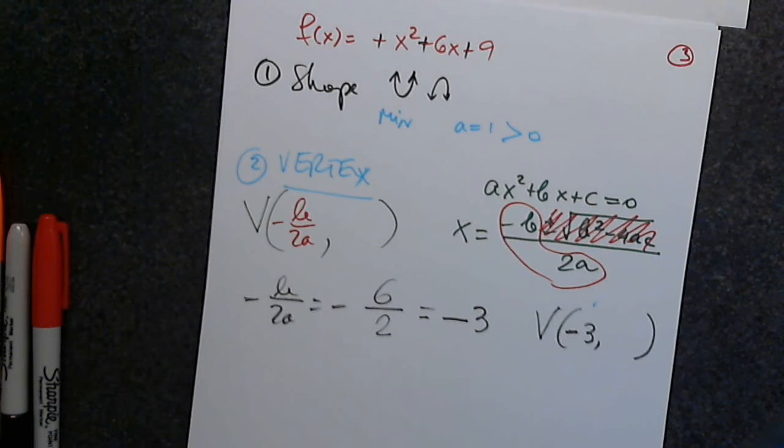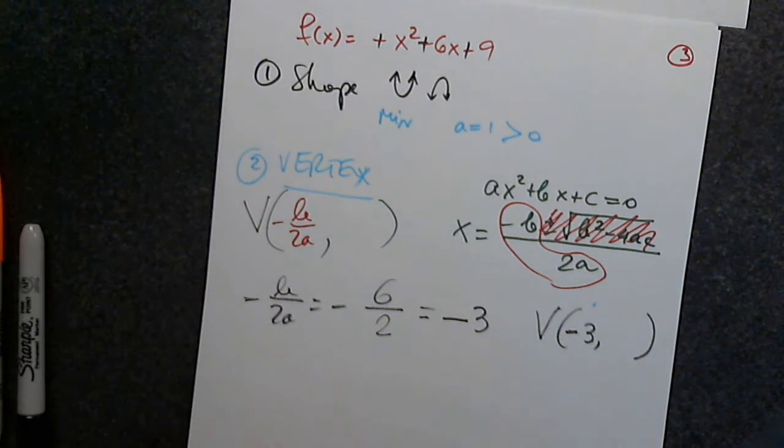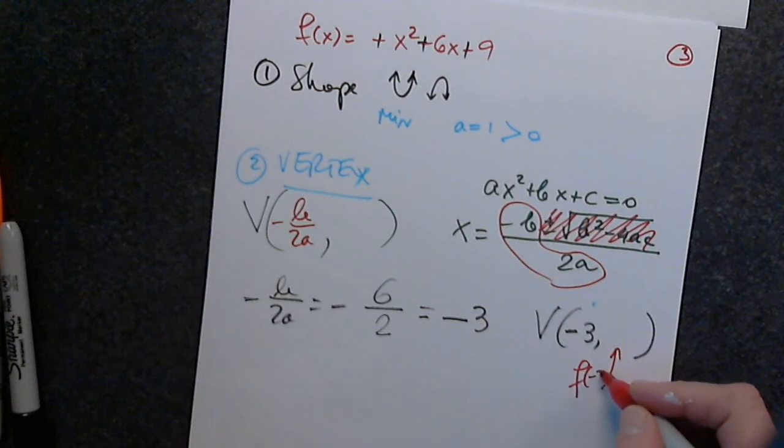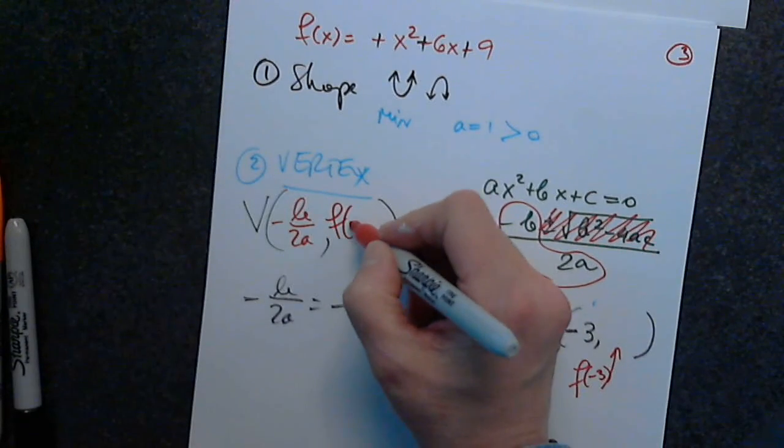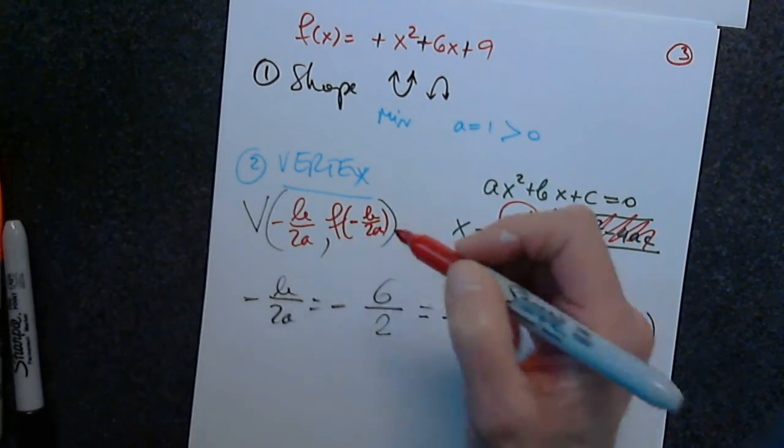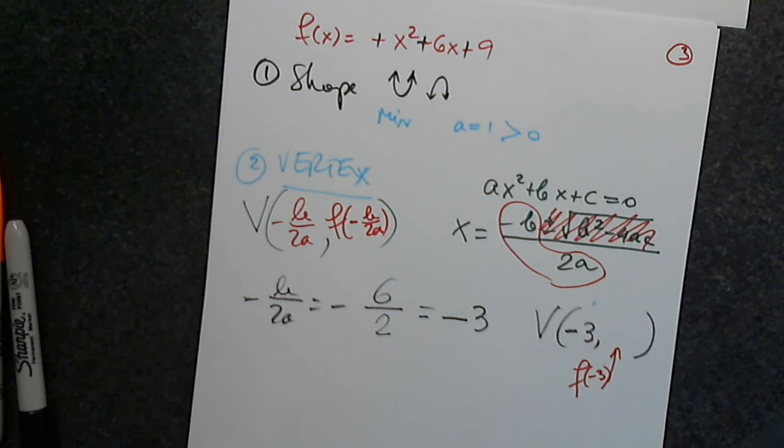Yes? y equals x squared plus 6 times x plus 9. So you are saying f of negative 3. I completely agree. So this number is nothing else but f of negative 3. So therefore, this is f of negative b over 2a. Exactly it. Excellent. Thank you.